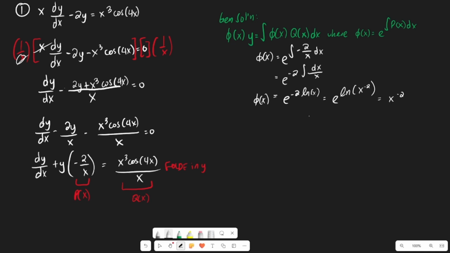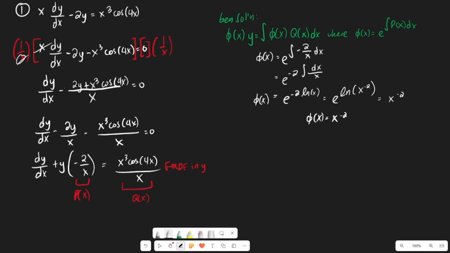So phi of x is x raised to negative 2. Now that we know phi of x, we have everything that we need in order to use this formula. So we have phi and we have q. Q is this one. Let's substitute what we have into the general solution formula.